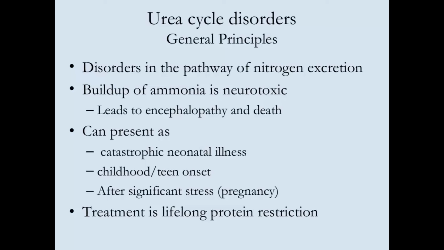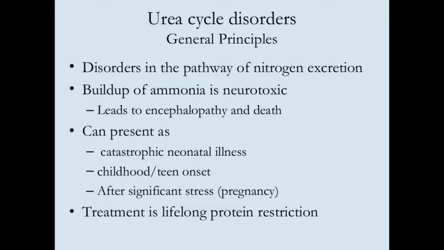Essentially, the treatment is lifelong protein restriction, again in the form of a restricted diet and formula supplementation. We will also often give these children nitrogen scavengers, medications like Buphenyl or the new drug Ravicti, which is kind of like an isomer of that, as well as arginine and other parts of the urea cycle, so that they can complete the cycle after the area of deficit.